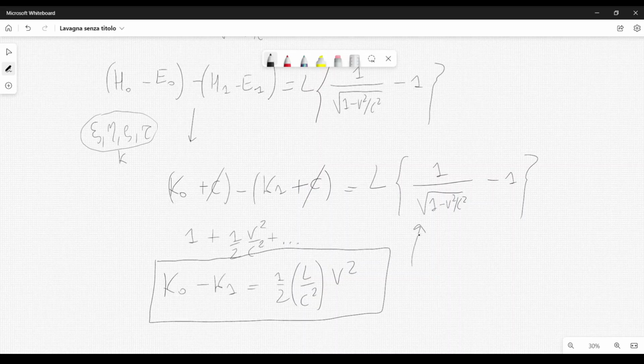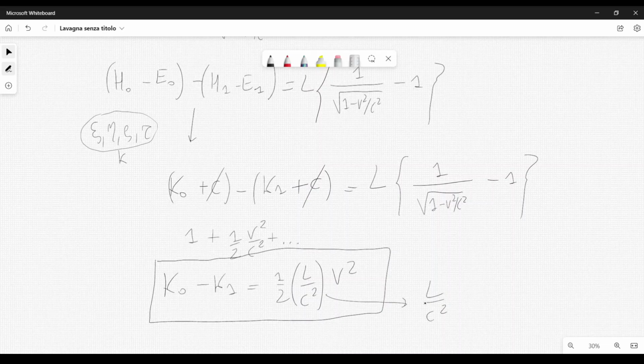Also, this one is important, but after this expansion using Taylor series, we can easily recognize that if a body gives off the energy L in the form of radiation, its mass is going to diminish by L over c squared. This is the point at which Einstein realizes that the mass of a body is a measure of its energy content.